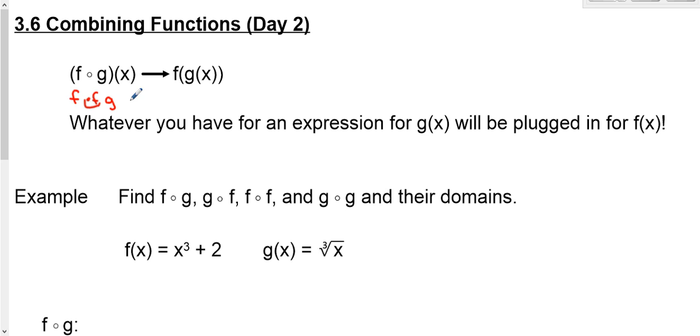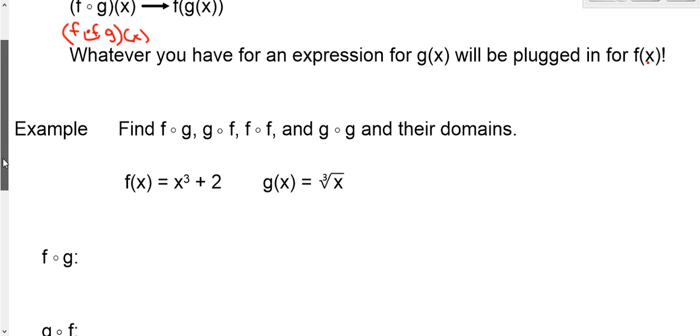And we can rewrite that in the notation where we have f in parentheses, then g in parentheses of x. So f of g of x. So basically, whatever you have for an expression for g of x, that will be plugged in for x in f of x.